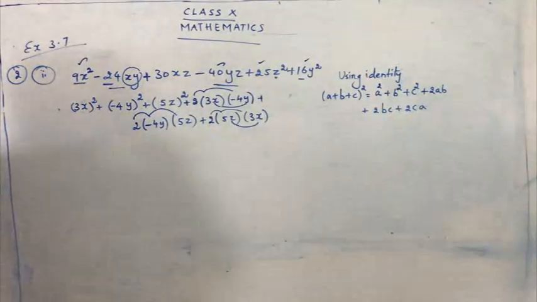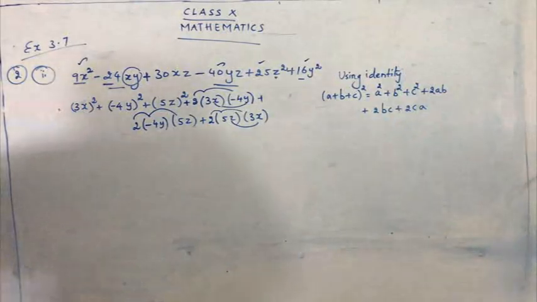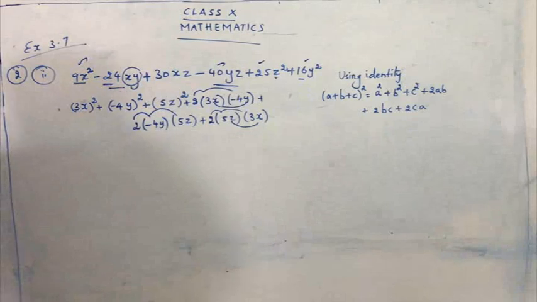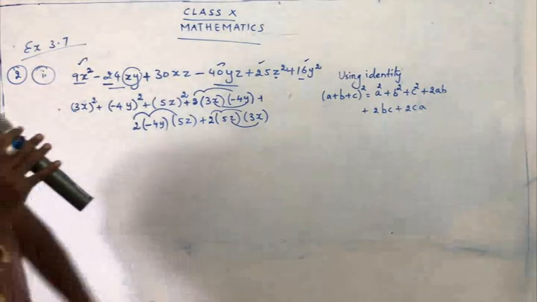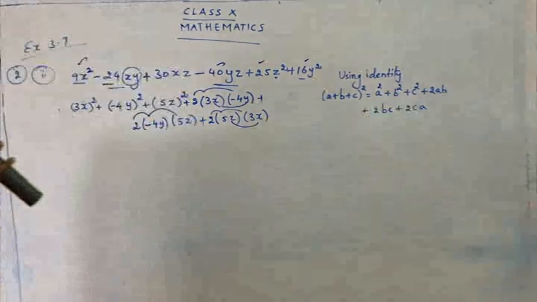Just repeat the formula, children. What's the formula for a plus b plus c the whole square? It's a square plus b square plus c square plus 2ab plus 2bc plus 2ca. You can have ca or you can write it as ac. It's one and the same, so we can just keep it as ca, no problem.